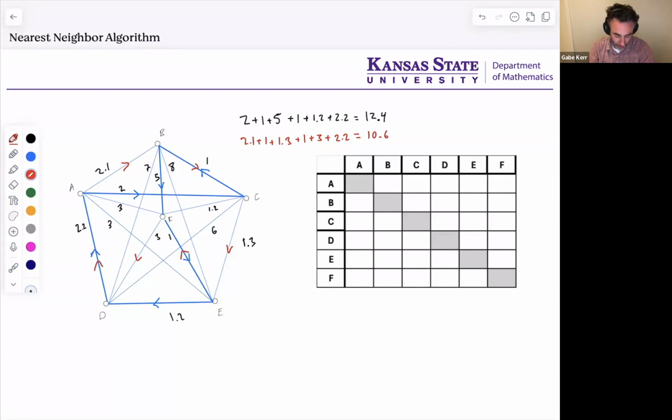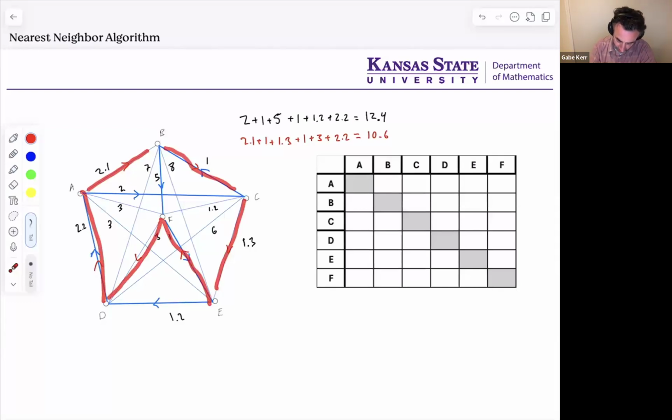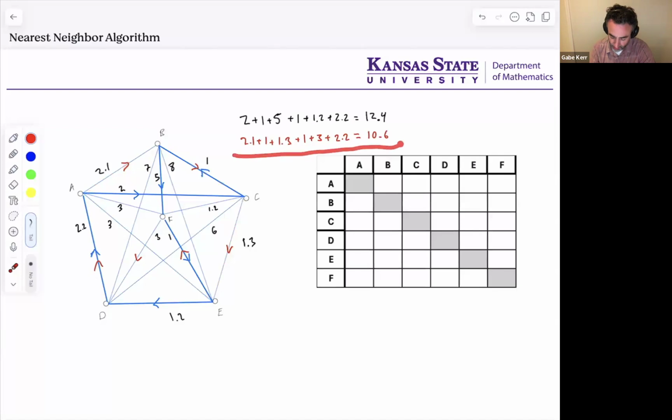So what am I trying to talk about? Here's another Hamiltonian circuit that I looked at, and initially I thought, okay, go around the edges, but I forgot about my center vertex. So then we just adjusted it and went inside. And we see that when we add up the total cost there, we get 10.6, which is smaller than 12.4.